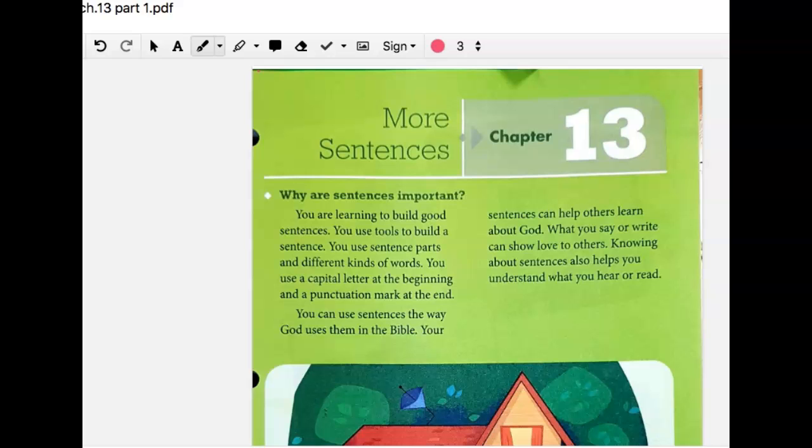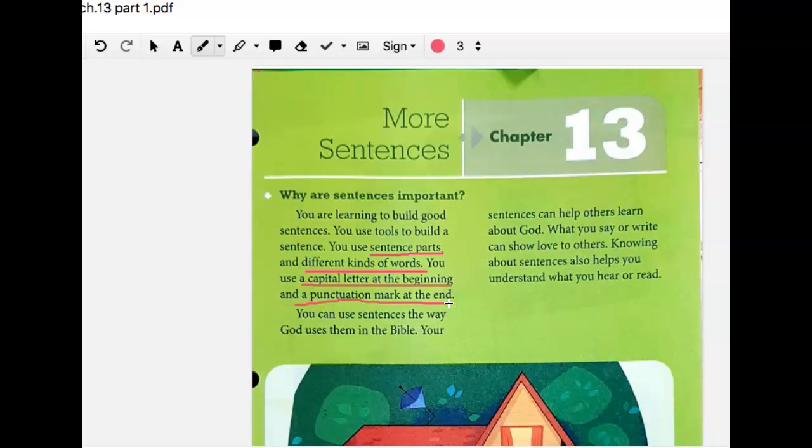All right, a sentence needs, what does it need? It needs sentence parts and different words. It also needs to have a capital letter at the beginning and a punctuation mark at the end.